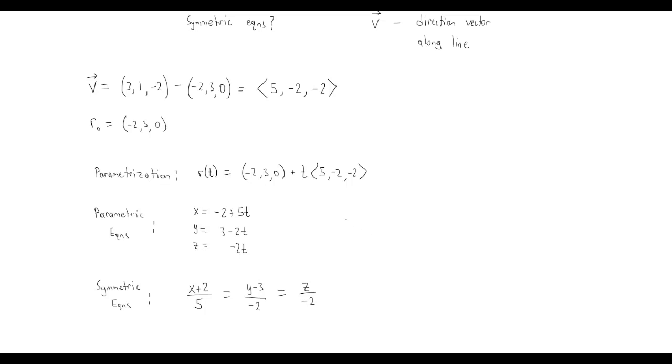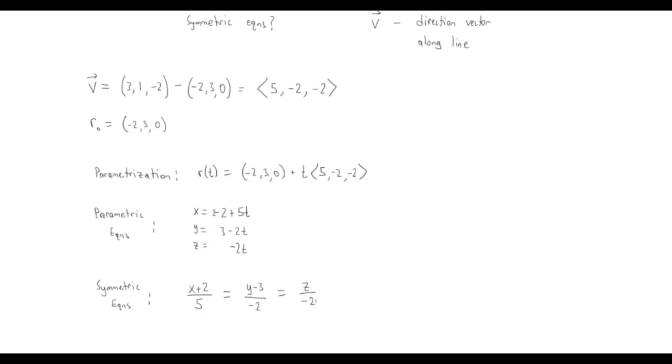Now I do want to mention real quickly, you've kind of seen how to, from the parameterization, get the parametric equations, and from that get the symmetric equations. So it's worth noting that you can always work backwards as well. So certainly if you have the parametric equations, you can write out the parameterization.